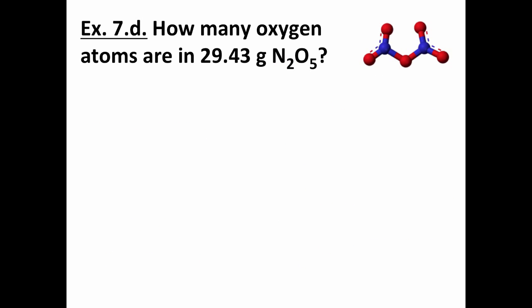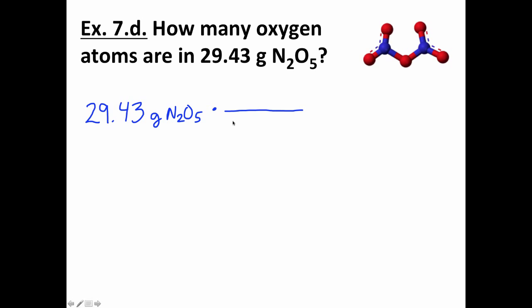The next question is how many oxygen atoms are there in 29.43 grams of dinitrogen pentoxide? And to answer this, let's start with what we have, which is 29.43 grams of N₂O5. And now we're going to want a conversion factor that converts from grams of N₂O5 into something that helps us proceed towards atoms.